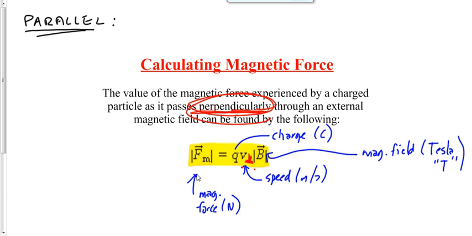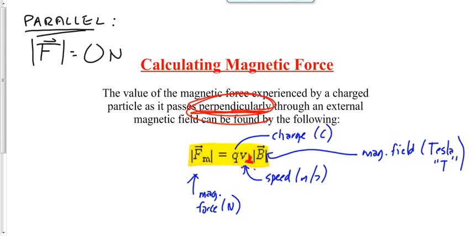This isn't hard, but if they're parallel, the magnetic force is 0. Here's the field, here's the particle. F is equal to QVB, hand rule for deflection. Here's the field, here's the particle, force is 0. There is no rule to determine the direction of a force that's 0, just no force.